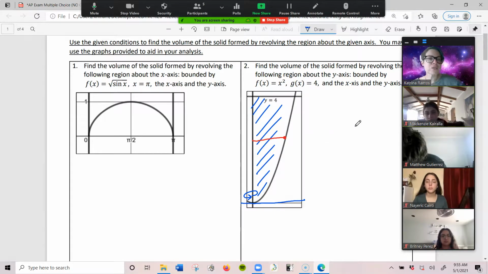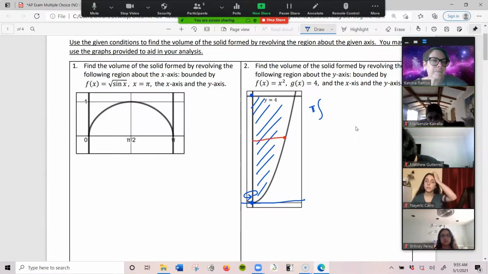So when you're trying to write out your integral, right? This is revolution, so pi, and this is revolving around a vertical line, so everything would be in terms of the y's. That's why it's giving you y is equal to 4, because from the graph you can see it starts at 0 until the 4. So it'd be 0 to 4, and then you would take your function, which is x squared, and rewrite it for y.